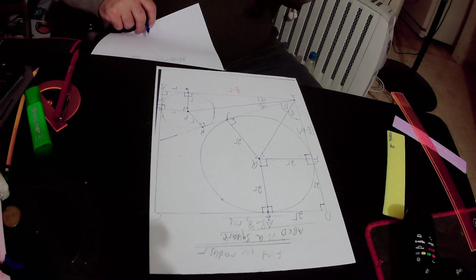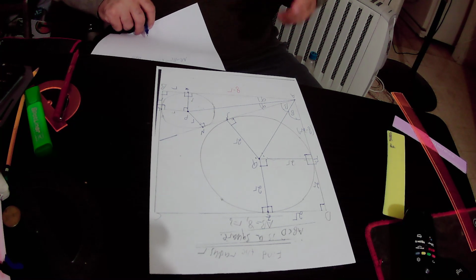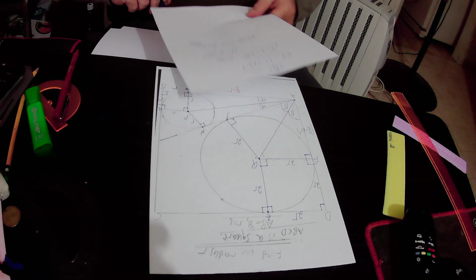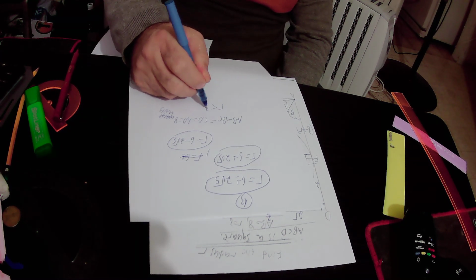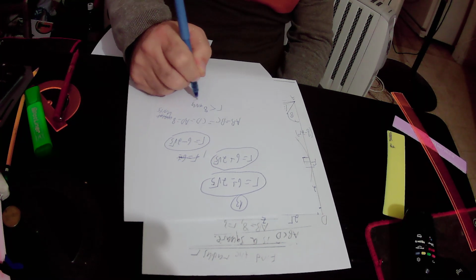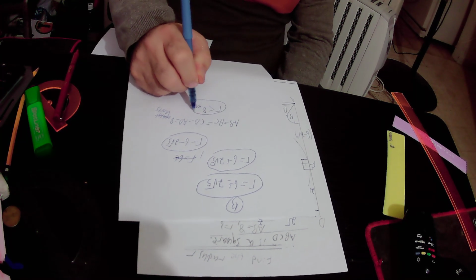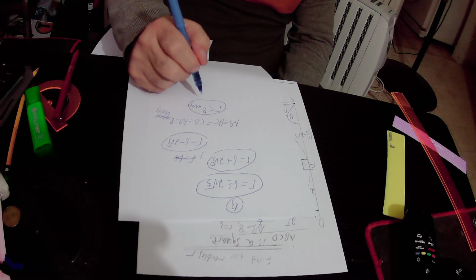If it were more than 8 units, it would be outside the square, but it is inside the square, so R must be less than 8 units in order to be inside the square.